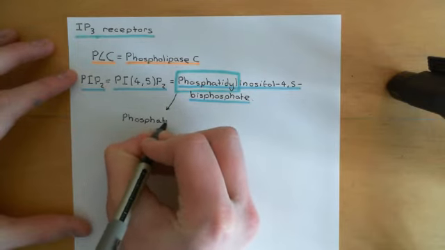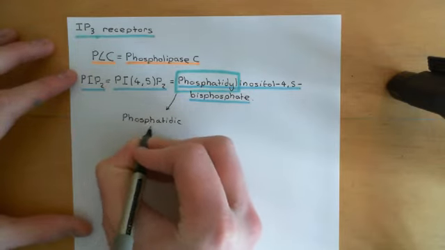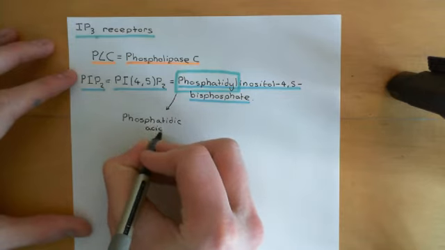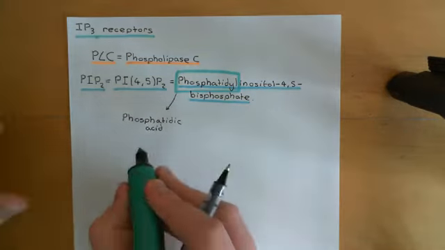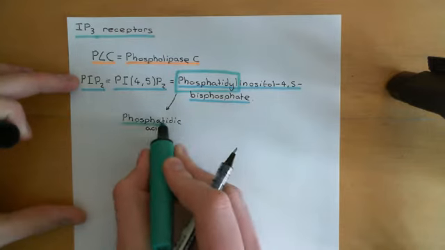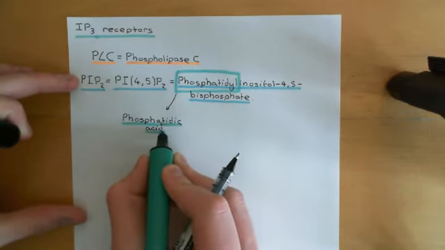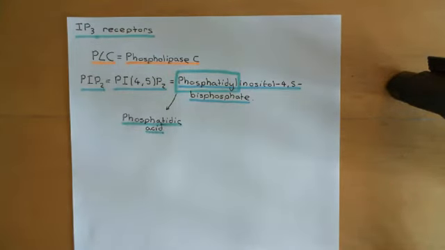So before we can discuss phosphatidylinositol 4,5-bisphosphate, we firstly need to discuss what phosphatidic acid is. Phosphatidic acid is not just one molecule, it's a whole bunch of molecules, and all of these molecules have as their foundational structure glycerol.